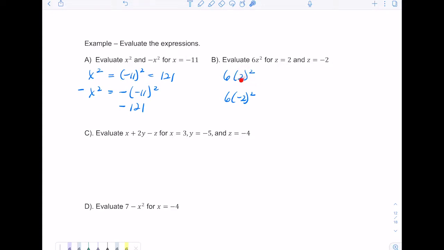So first I have to do 2 squared. And we know 2 squared is just 4. It's 2 times 2. So I've got 6 times 4, which is 24. And for the second one, I need to, again, take care of this -2 squared. And -2 times -2 is just +4 again. So I end up getting the same answer, 24.